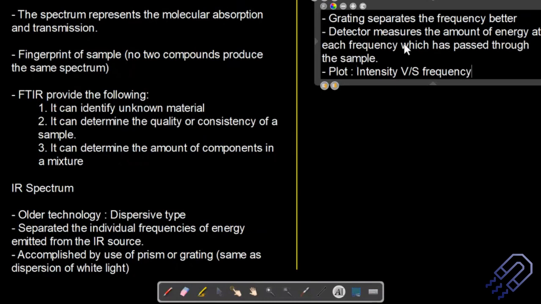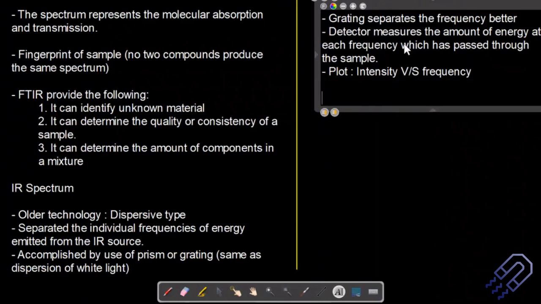So next is some more points. When we use this technology to get information about the sample, FTIR provides better information. I talked about the IR spectrum. Let's talk a bit about FTIR now. Why is FTIR preferred?